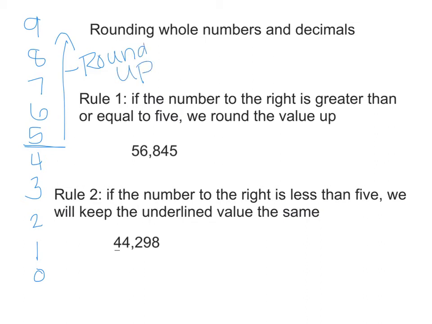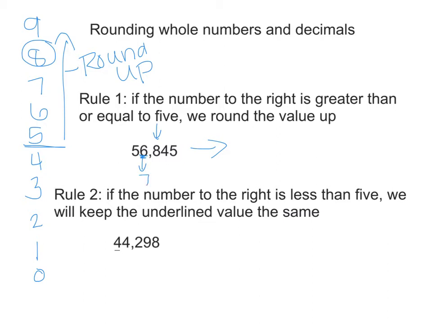If I look at this 6 right here, remember when you round, you always look to the number to the right. So I'm going to look at my 8, and that's going to tell me what's going to happen to my 6. So my 8 falls under rounding up, so that would make my 6 go to a 7.